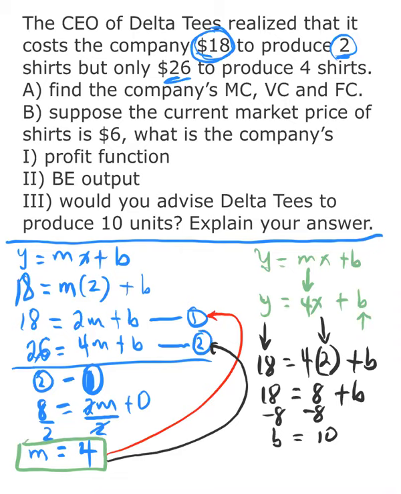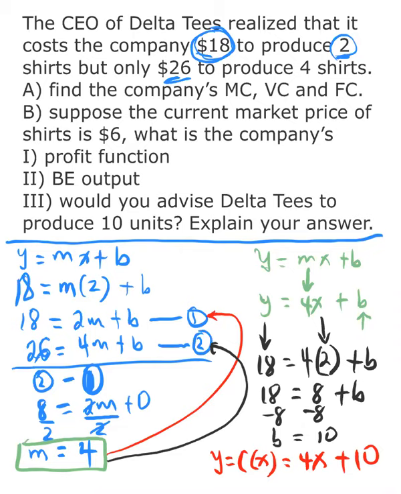This means that our cost function is therefore going to be given by y, the same as saying C of x, equals 4x plus 10. And that is the cost function.